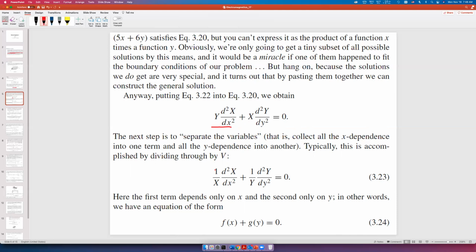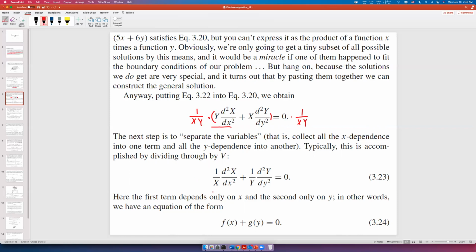Then what you get is 1 over X d squared X over dx squared plus the second term, 1 over Y d squared Y over dy squared, equals 0.